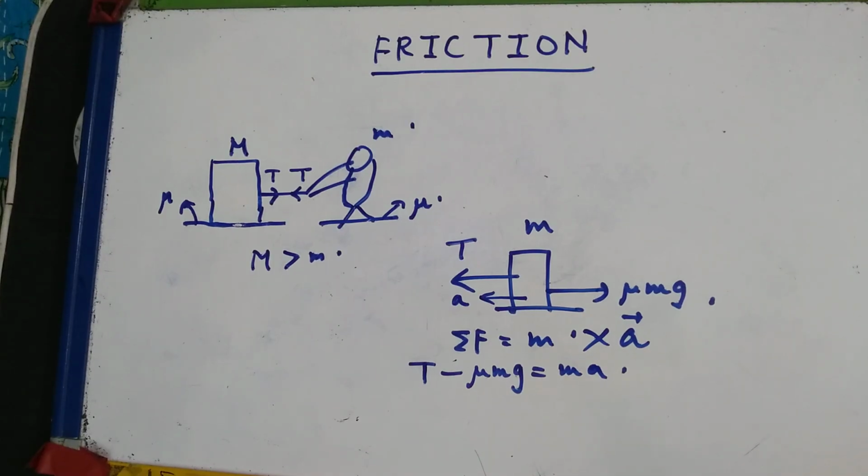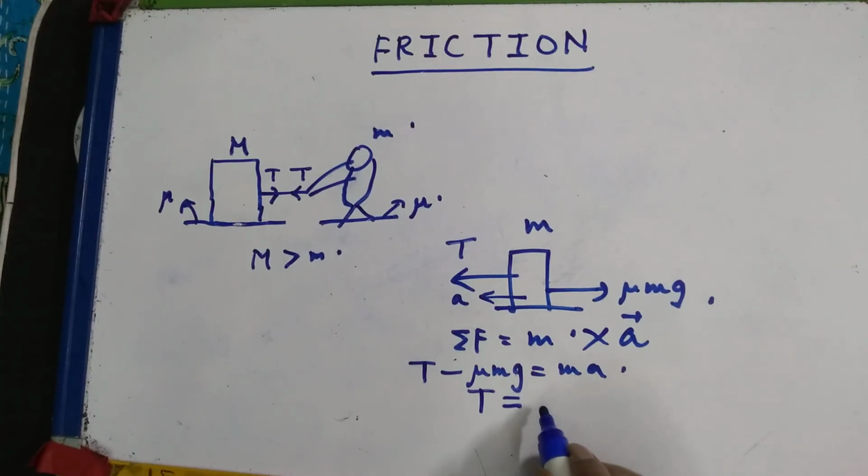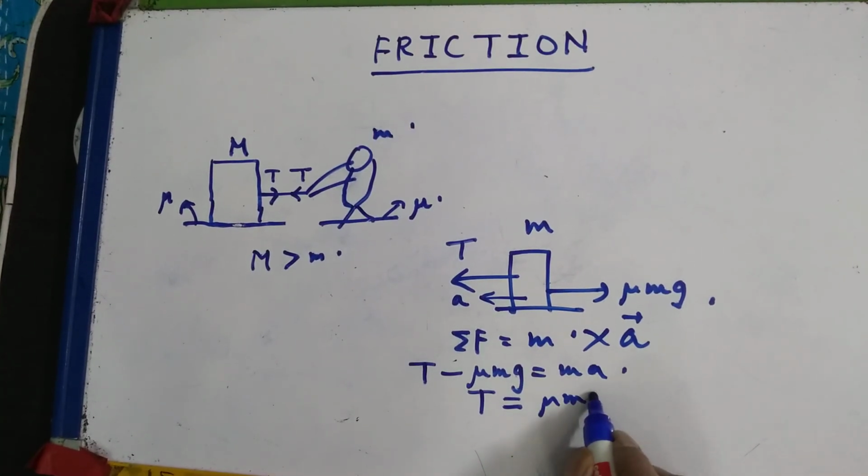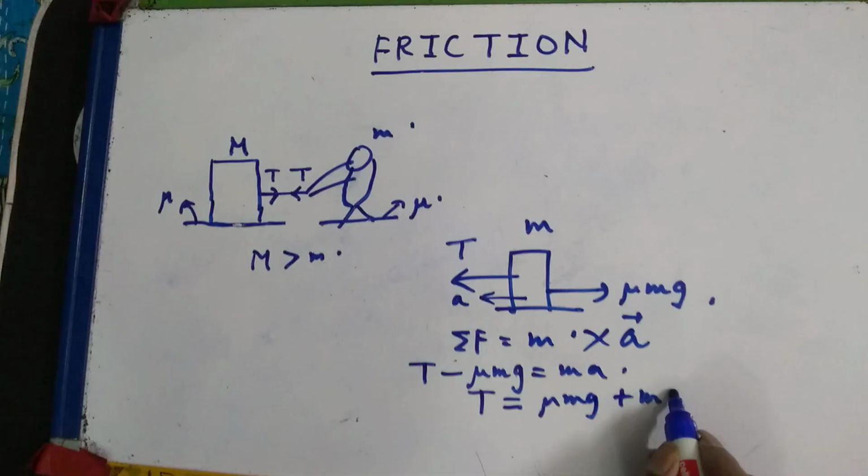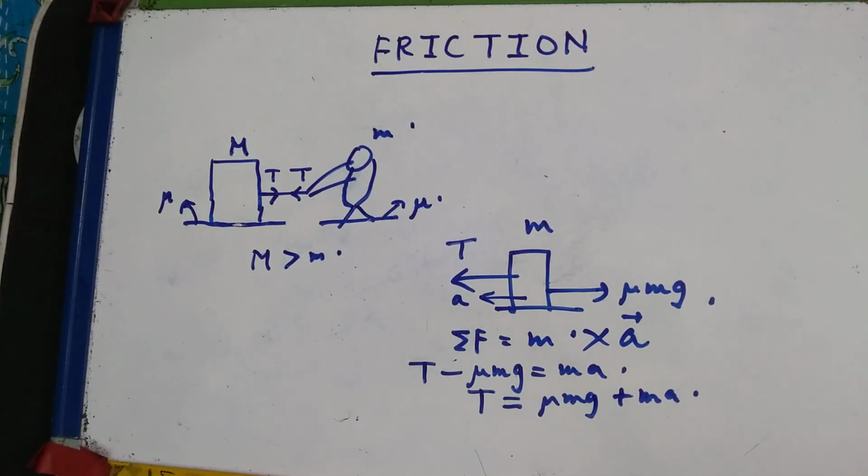So if the man moves and there is an acceleration towards the left, what happens to the T? The tension becomes mu mg plus ma. So when the man moves, the tension becomes mu mg plus ma.